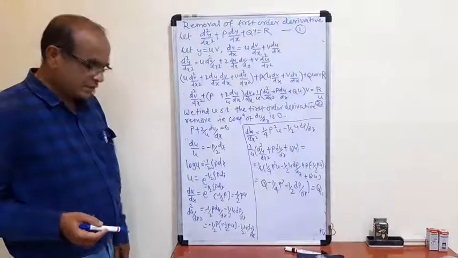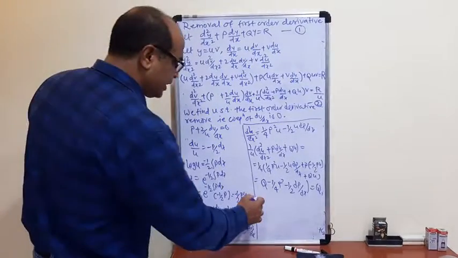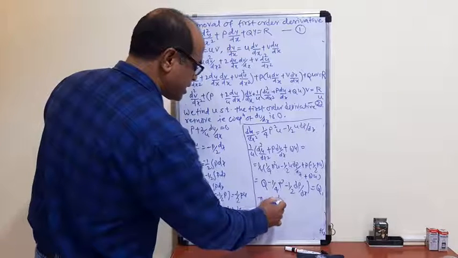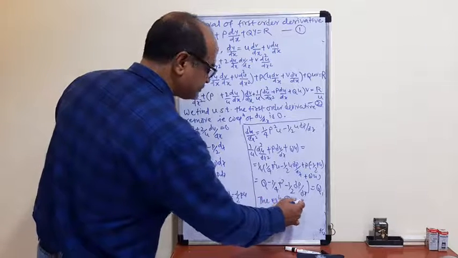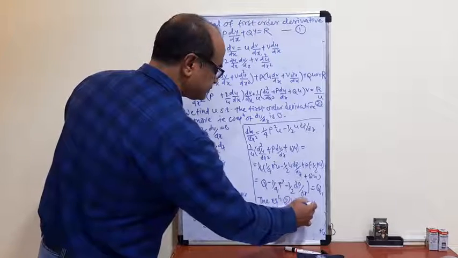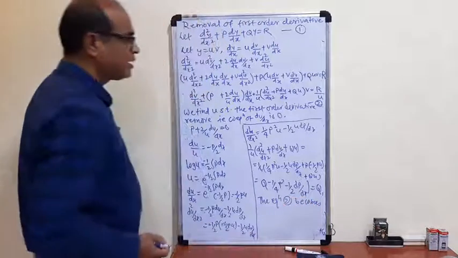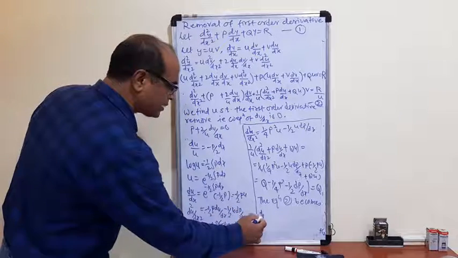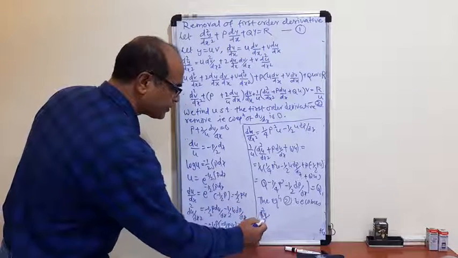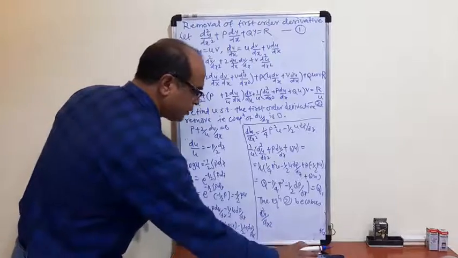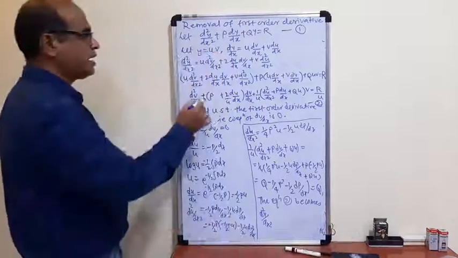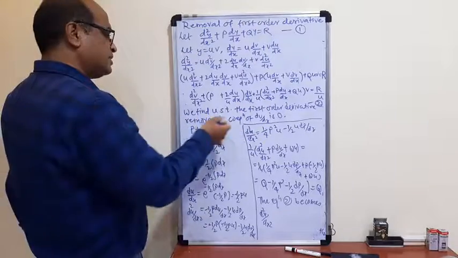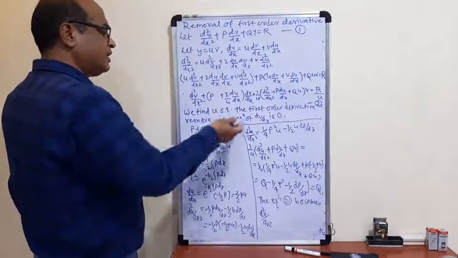Therefore equation 2 becomes d2v by dx square. This term is removed, the first derivative is removed, so its coefficient is 0.